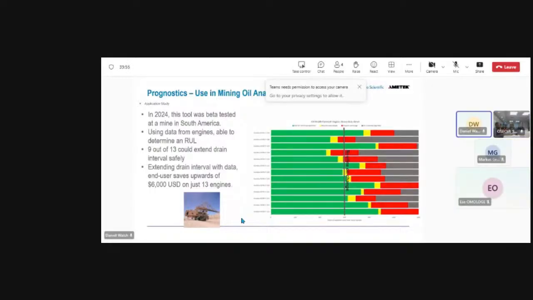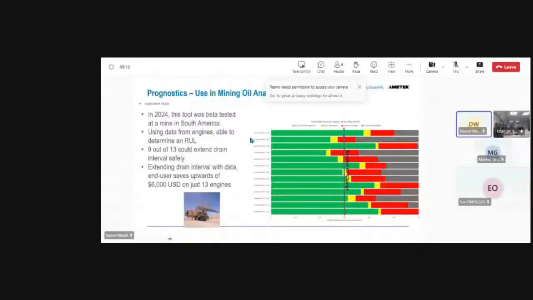What the system did was, out of 13 engines, 9 of them did not need the oil change they were doing.